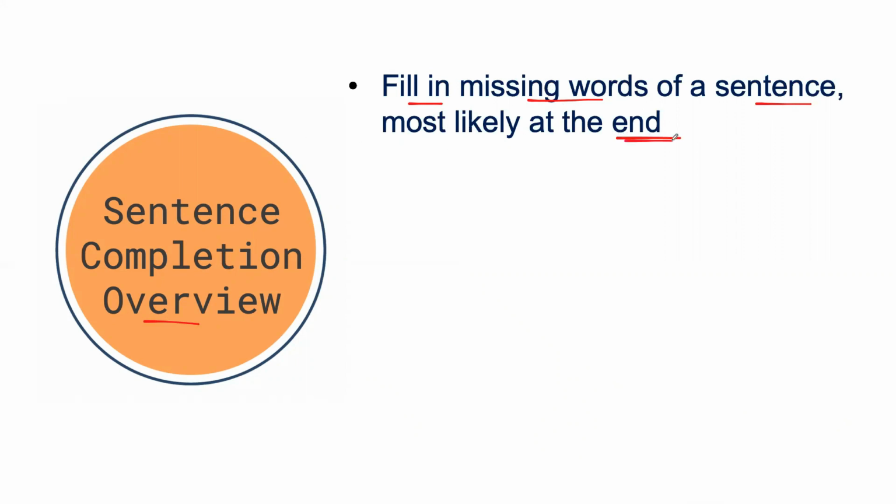Our example today will feature this example. You'll read the sentence and then fill in the end of the sentence. The strategy is the same whether your gaps are at the end or in the sentence. So don't worry, the strategy we use today can be used with all sentence completion questions.